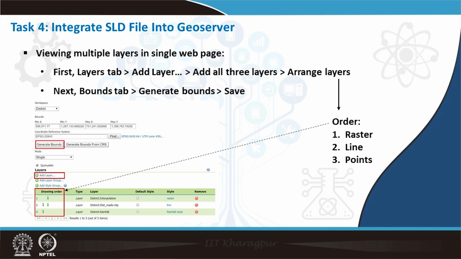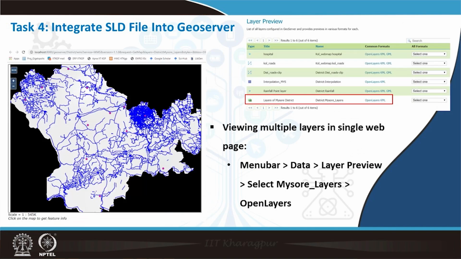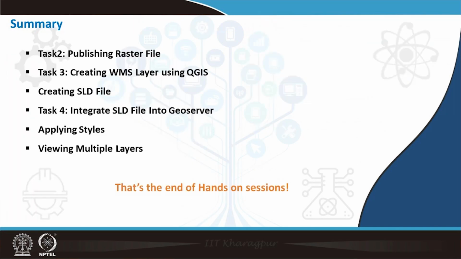First it should be a raster, then line, and then points, and then we can visualize the integration of the 3 layers. We also saw the styling and importing the styling in Geoserver, and finally viewing all these things together. So this is the end of the Geoserver session.